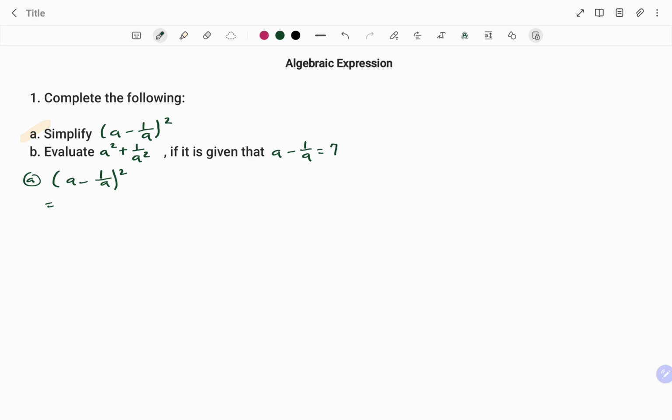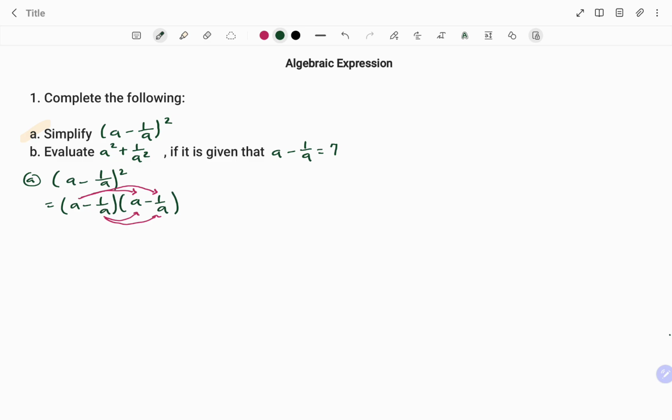That will be equal to a minus 1 over a. Because that's a square, we're going to multiply the same expression twice. When multiplying a binomial by another binomial, all the terms in the first bracket will multiply all the terms in the second bracket.